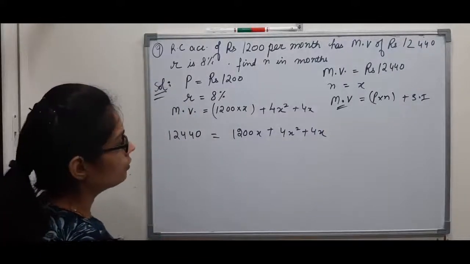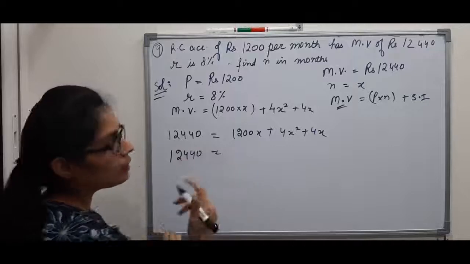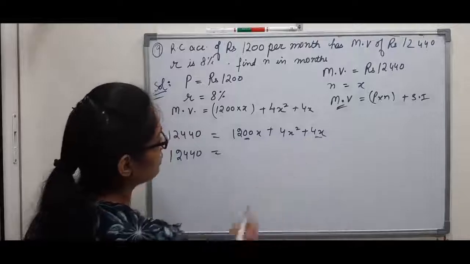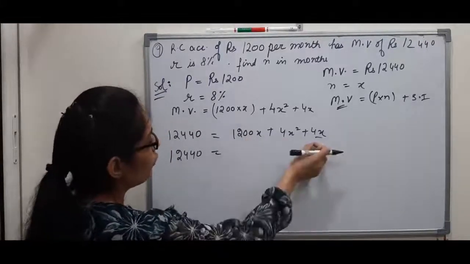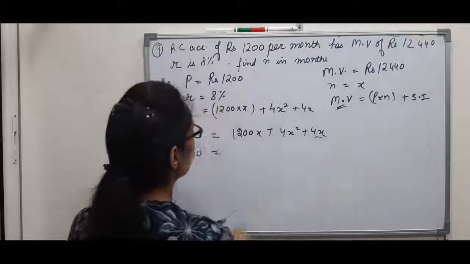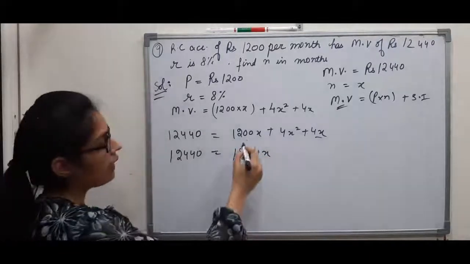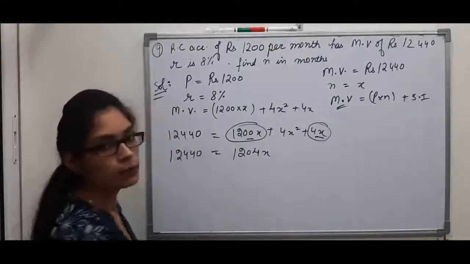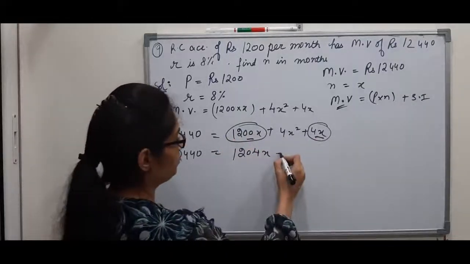Only like terms can be added or subtracted. This term and this term are both like terms, so I will add 4 to 1200. It will be 1204x. I am just adding these two because these are like terms. In 1200x I have added 4x.